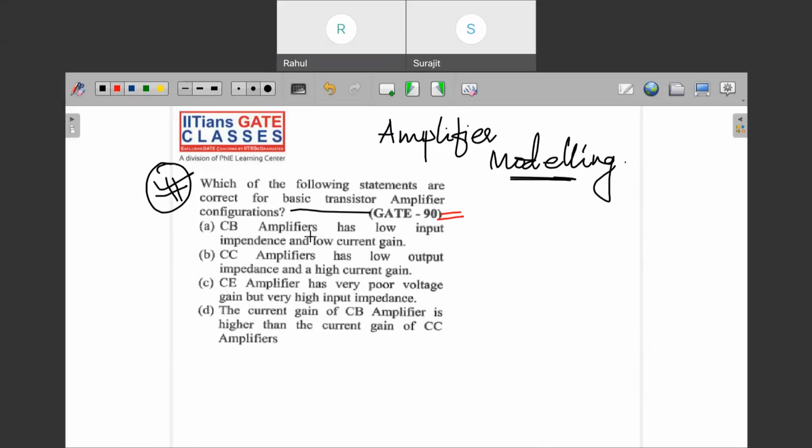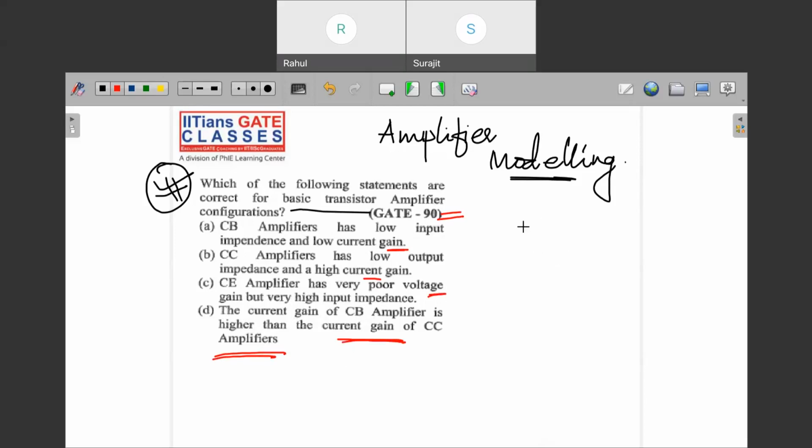The common base amplifier has low input resistance and low current gain. The common collector has very low output impedance and high current gain. Common emitter amplifier has very poor voltage gain but very high input resistance. The current gain of common base amplifier is higher than the current gain of common collector amplifier.